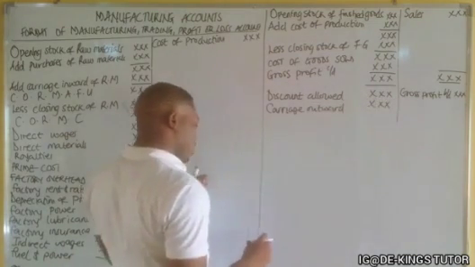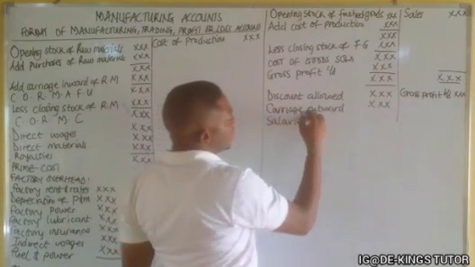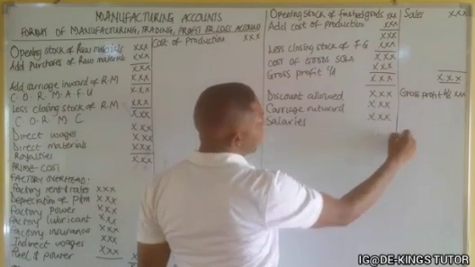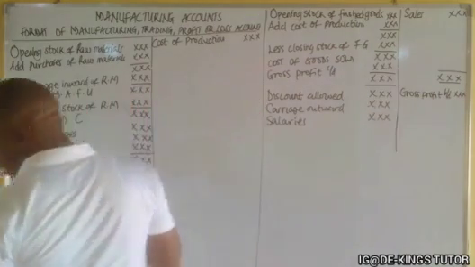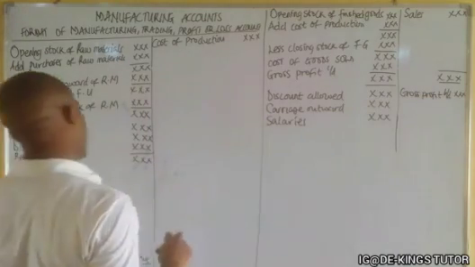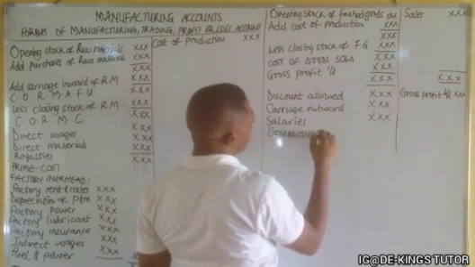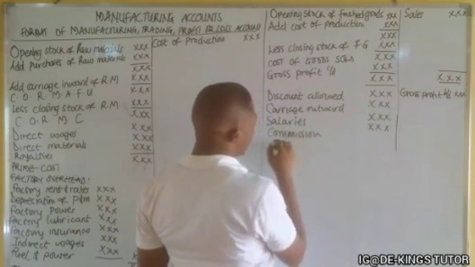Now we can also put salaries. Salaries will be there. We can also put commission. We can put salesman salary.